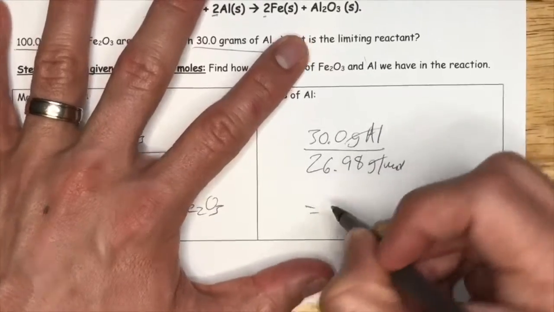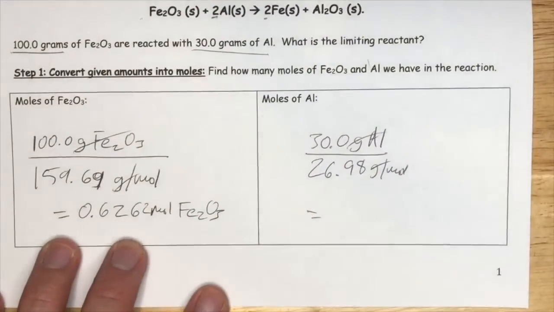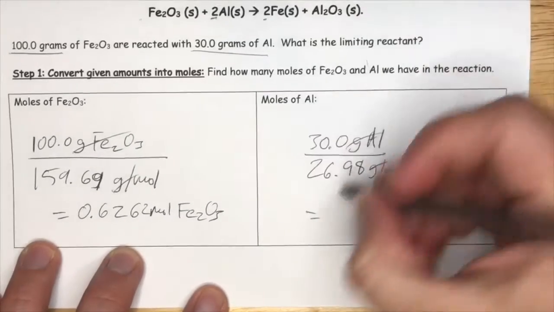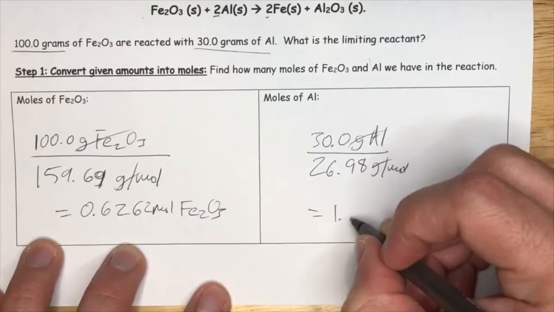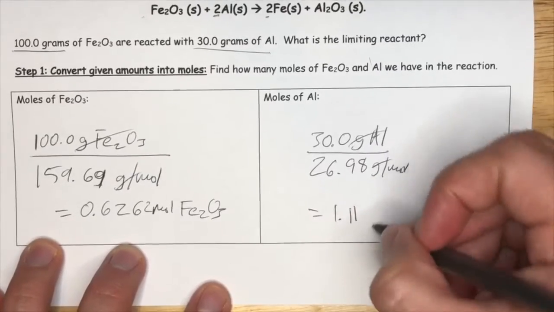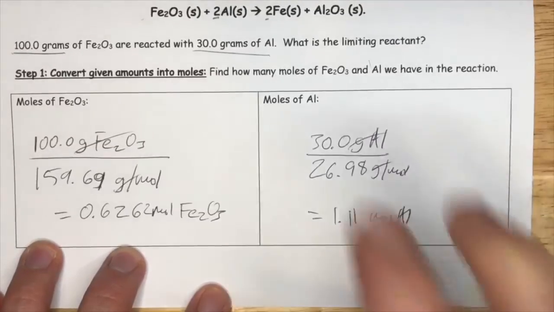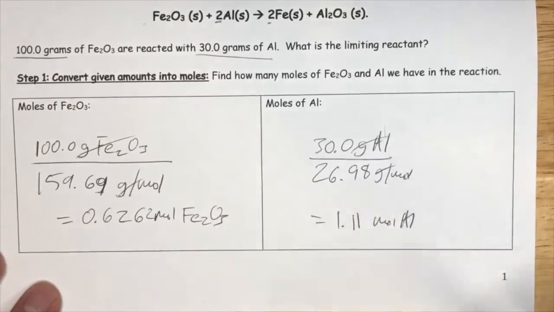Grams go away. So we got 30 divided by 26.98. We get 1.11. That's moles of aluminum. Cool. Step 1 is done.